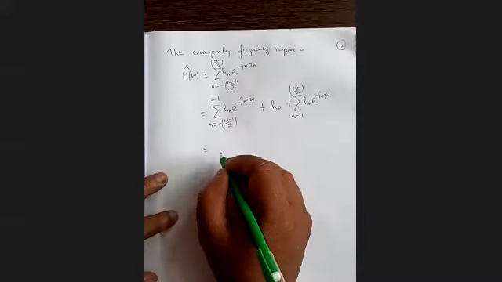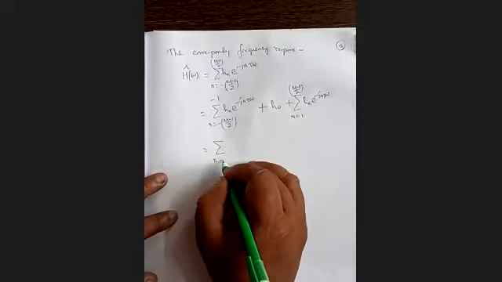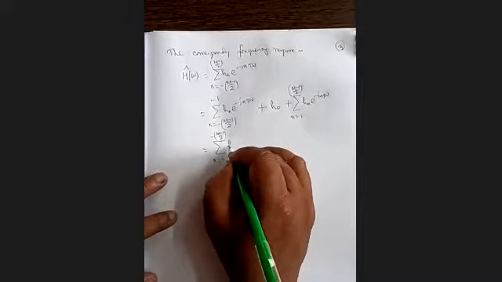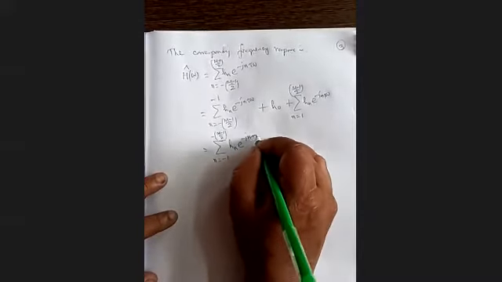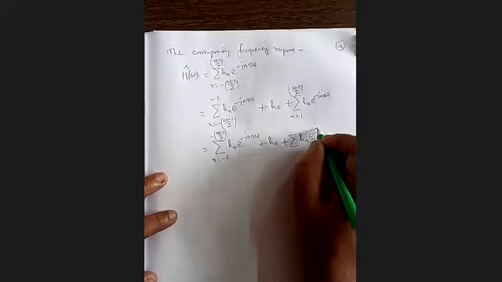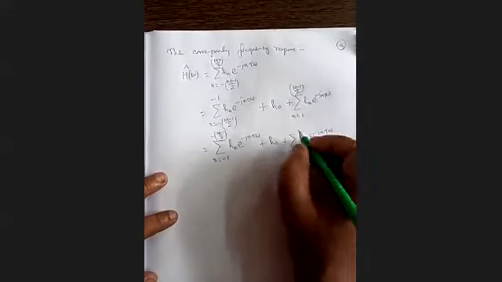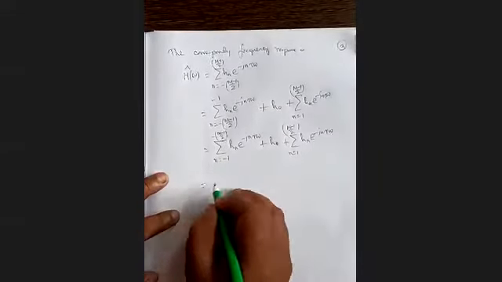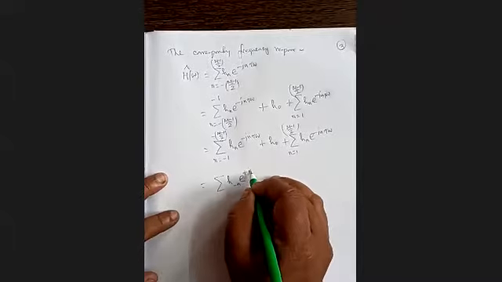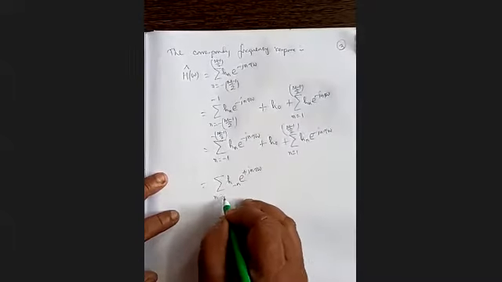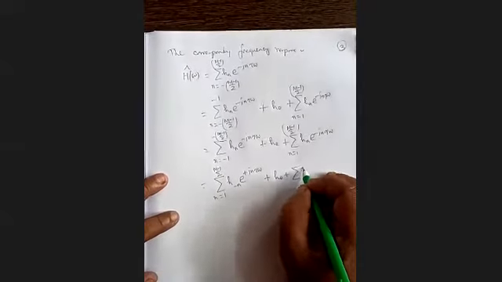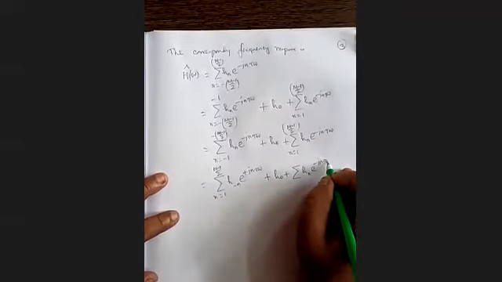First we apply the commutative property, meaning we interchange the upper and lower limits here, plus h_0 plus h_n. Now we can write h minus n here, e to the power plus j n tau omega, so n will be from 1 to (m minus 1)/2, plus h_0 plus h_n e to the power minus j n tau omega.